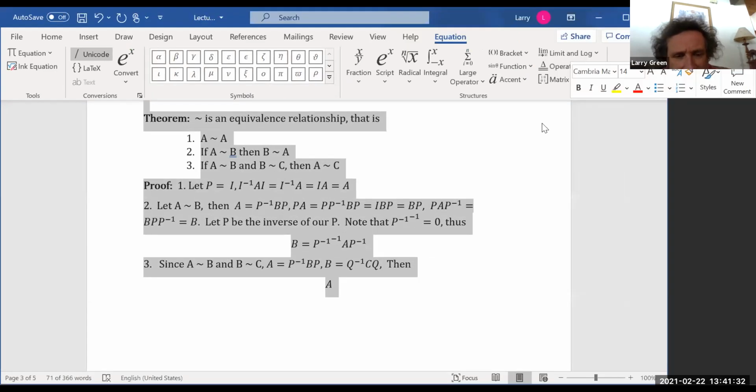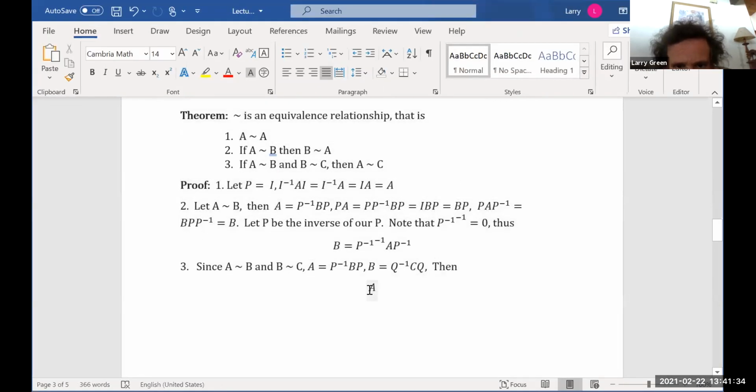So A is equal to, again, P inverse times B, which is Q inverse CQ, times P. Anyone lost there? Oh, sorry, times P, not times P inverse.